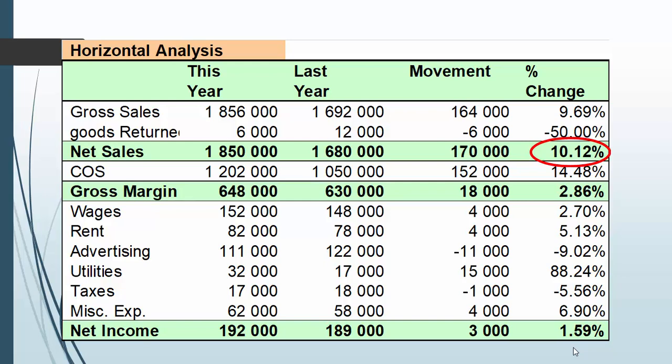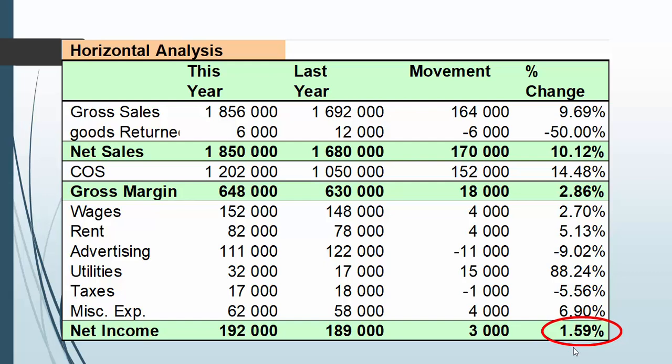So that's looking at the top line. Looking at the bottom line, the net income, it only went up by 1.5%. It's like filling a bucket of water with 10 liters, and when you get to your destination, you've only got 1.5 liters left. It's spilt out somewhere. There's a hole somewhere. Where is that hole?